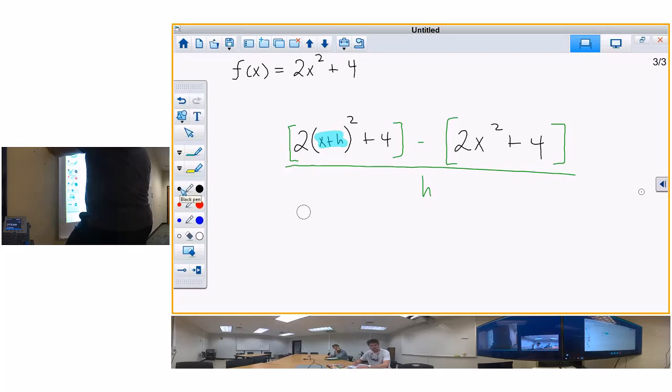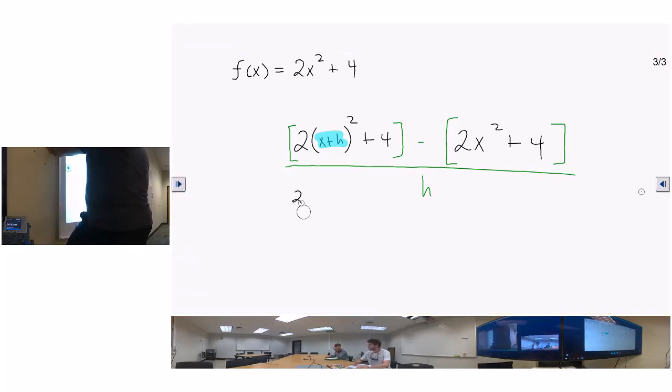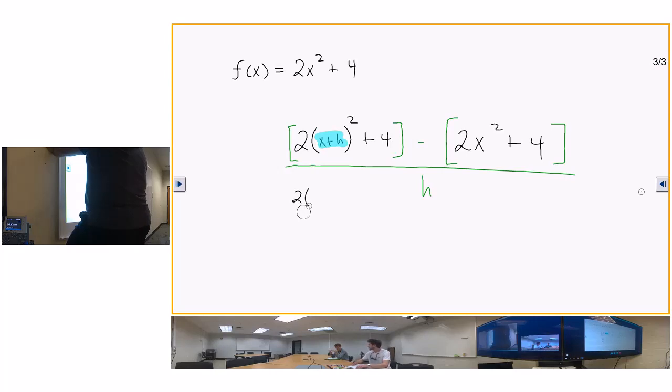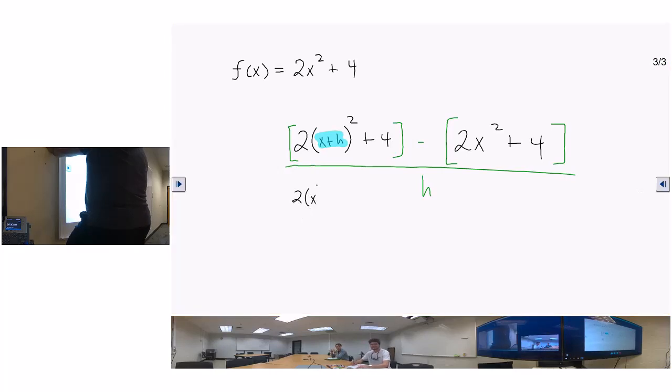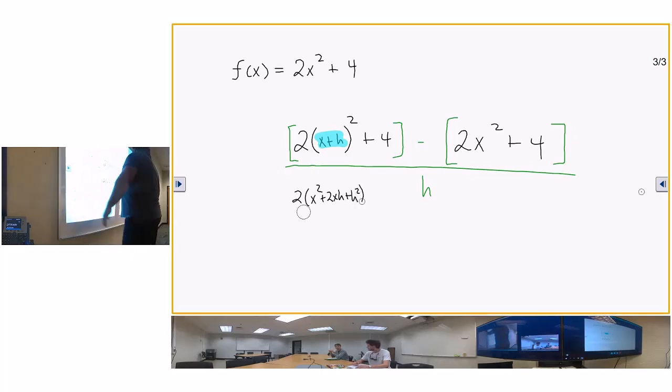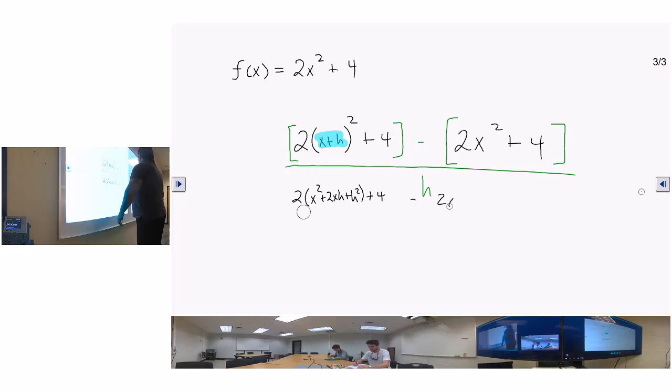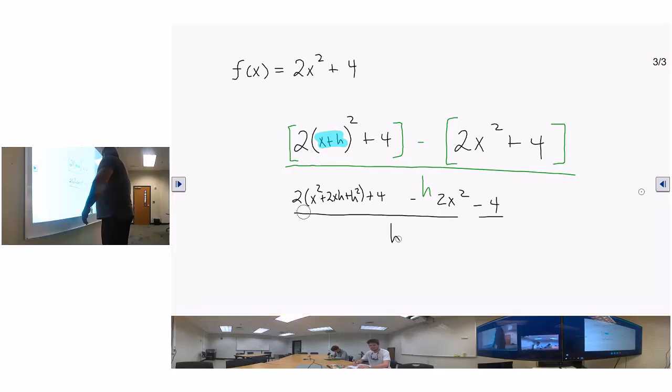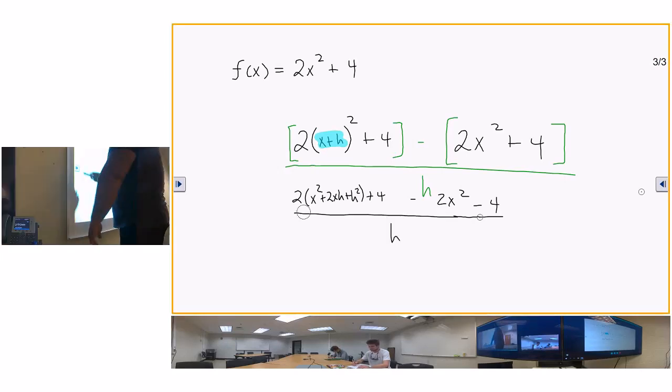So now we're going to do 2 parentheses. What is that? Shortcut number 1, x squared plus 2xh plus h squared plus 4 minus 2x squared minus what? 4 over h. And of course, your red pen.